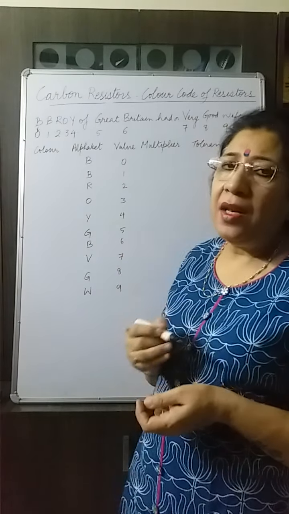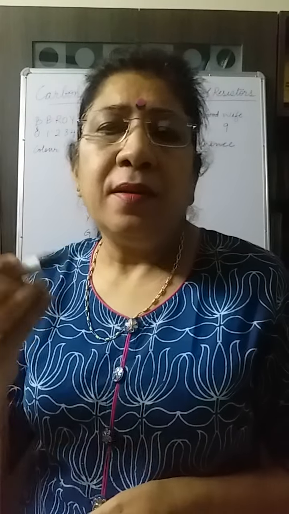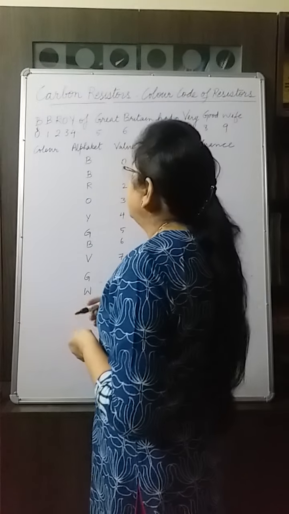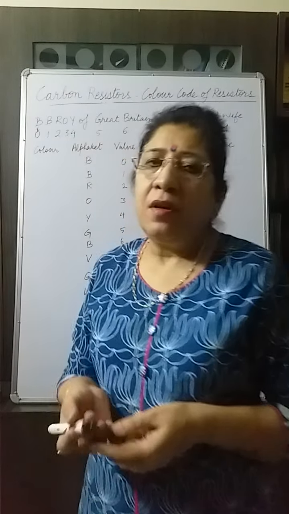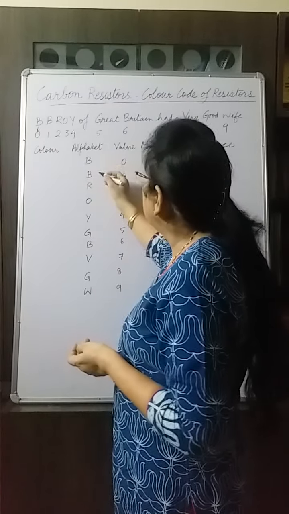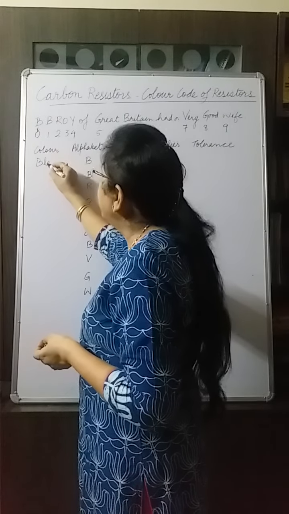There are three colors starting with B: black, blue and brown. We will arrange them in alphabetical order: black, blue, brown. So the first one will be black.